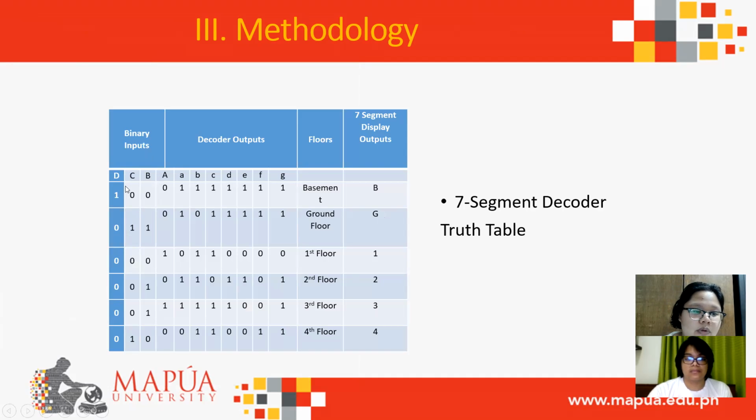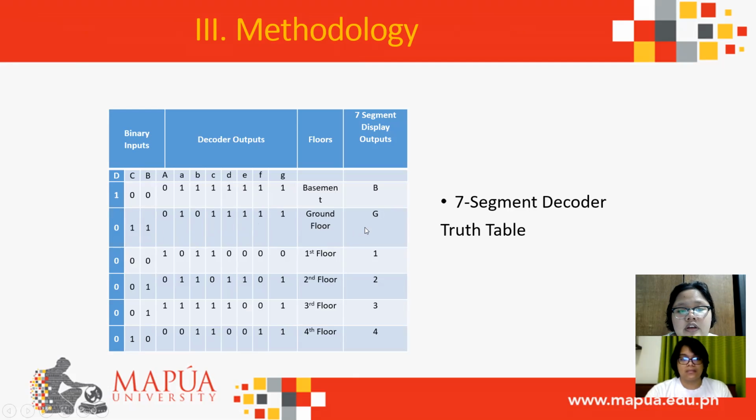So this is the truth table. We have D, C, B, A, where D is the enabler, and as I told earlier, we need to have a decoder output for the basement, which is the letter B, with 1111111 to have an output of B. For the input of letter G, 0110 gives an output of 10111111.